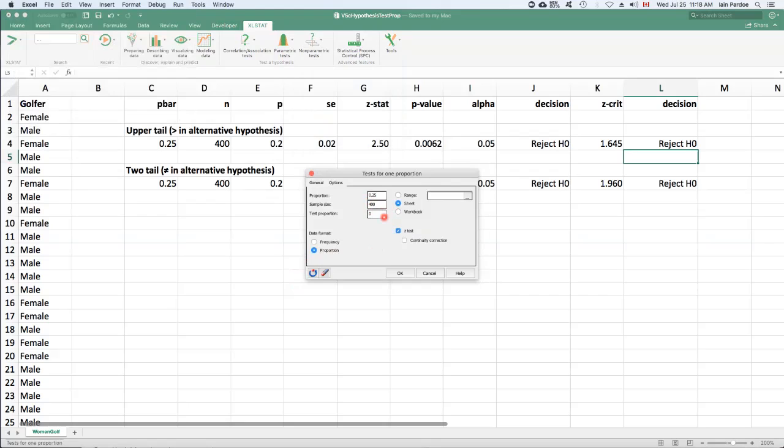Our test proportion is 0.2. We're going to do a z-test, and the data is in the format of proportions up here. And under options, we're going to do an upper tail test, and significance level 5. For the variance, we'll use the test proportion.